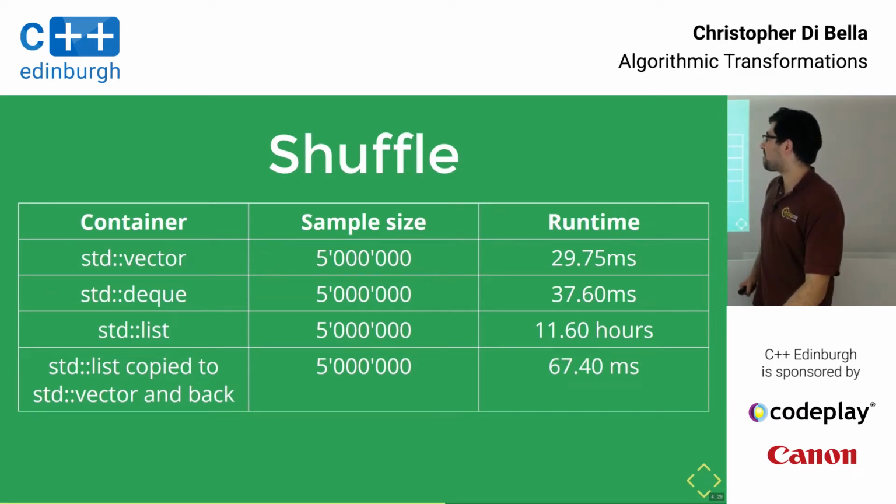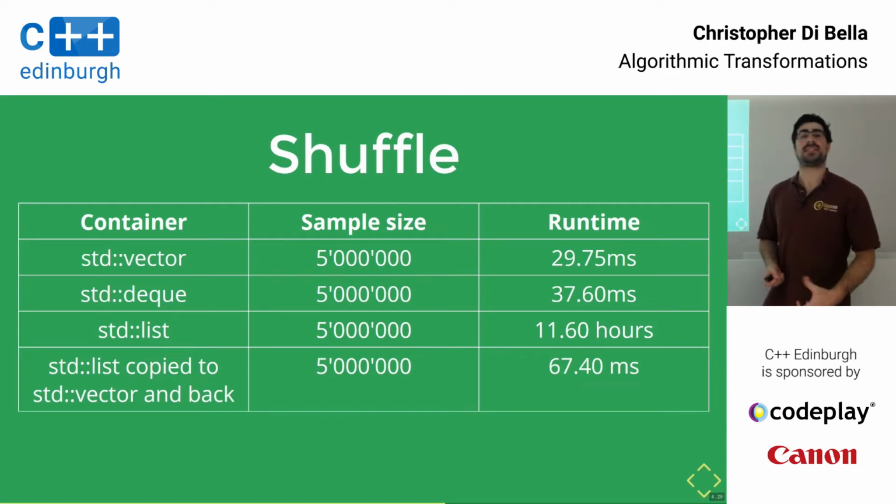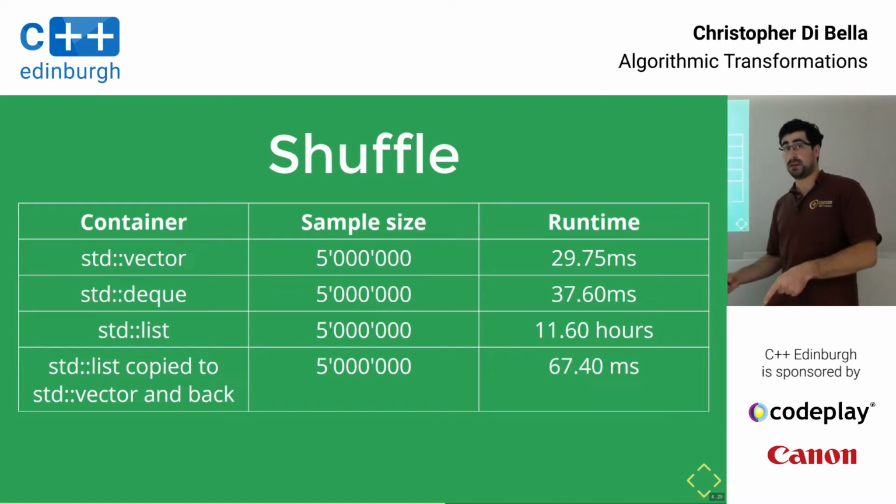So bidirectional iterators are not a good fit for a shuffle algorithm. Now, can someone tell me what one of the nice things about vectors and decks are? Yep. So vectors are contiguous memory, decks not contiguous memory.